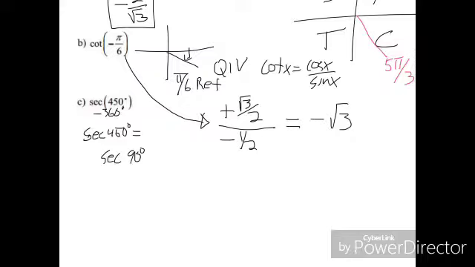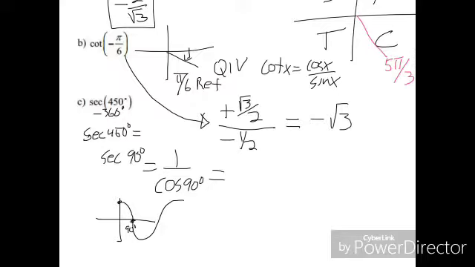This is a coterminal angle, so they're equal values. Secant 90 is 1 over cosine of 90. Cosine starts at the amplitude and hits 0 at 90 and goes on through its cycle. This is 1 over 0. This is undefined.